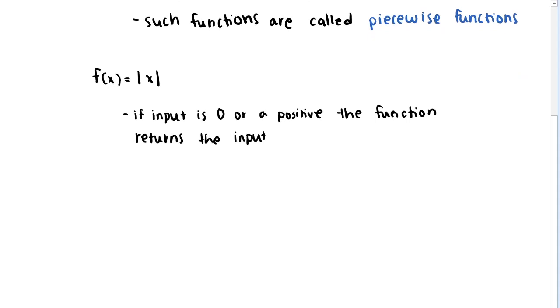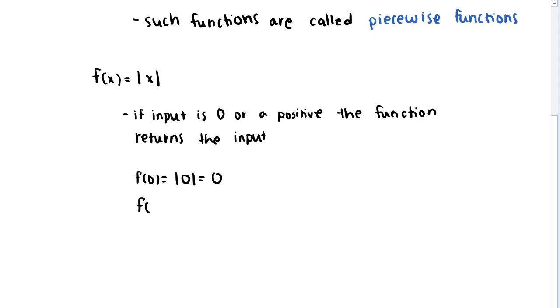If I have f of 0, this just means to take the absolute value of 0, and the absolute value of 0 is 0. Absolute value represents the distance the number is away from 0, and 0 is 0 units away from 0.